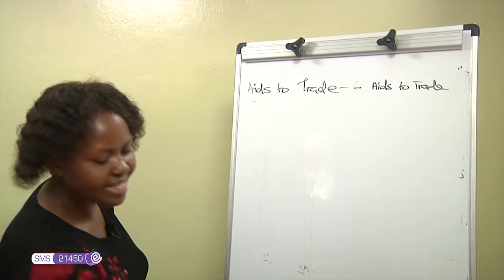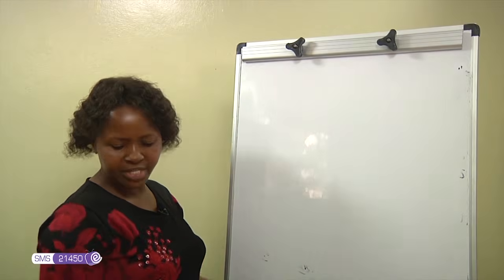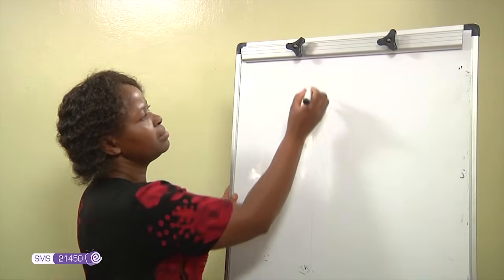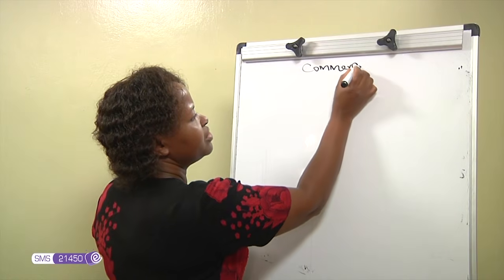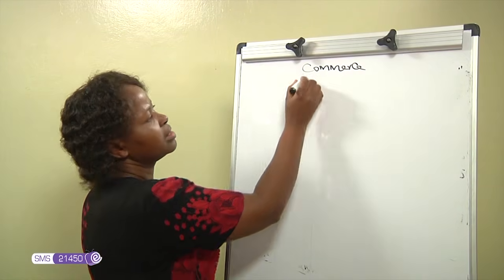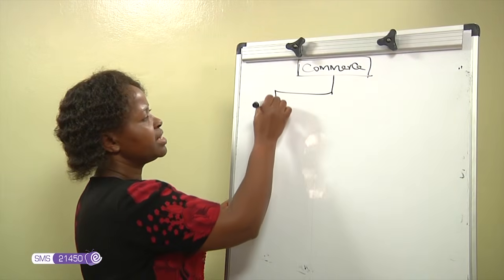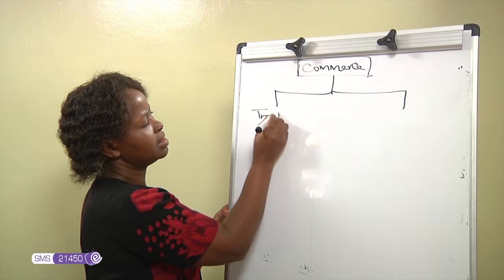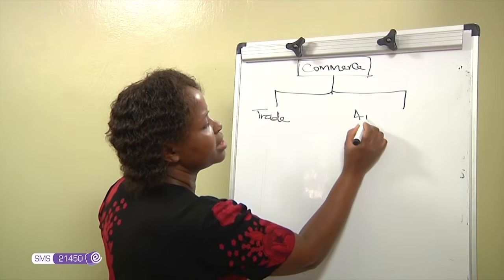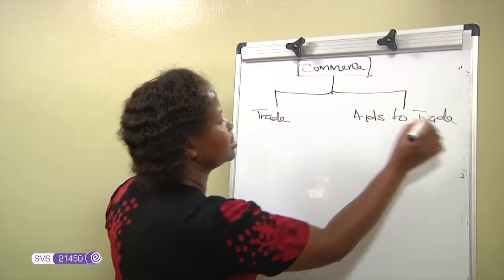To illustrate the 6 aids to trade, we shall draw a diagram indicating the division of commerce. We have said it's divided into 2: trade and aids to trade.